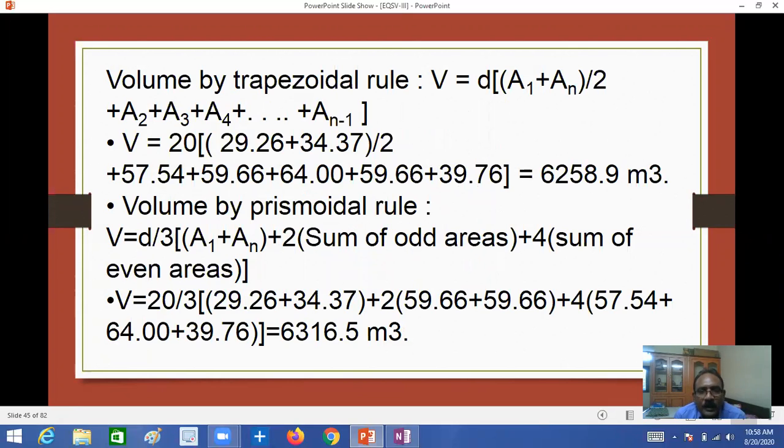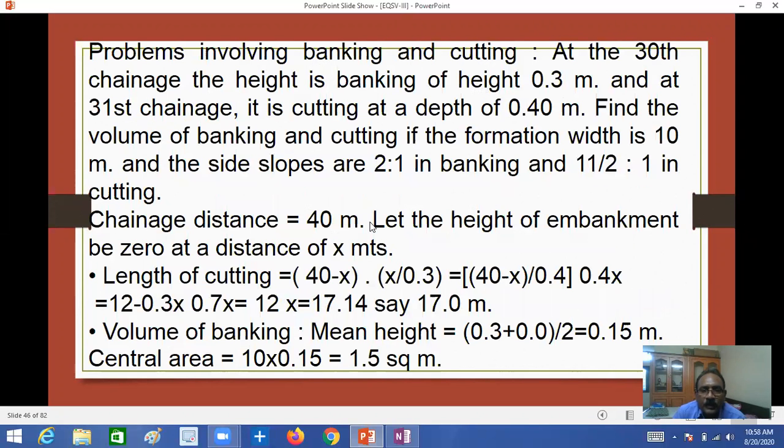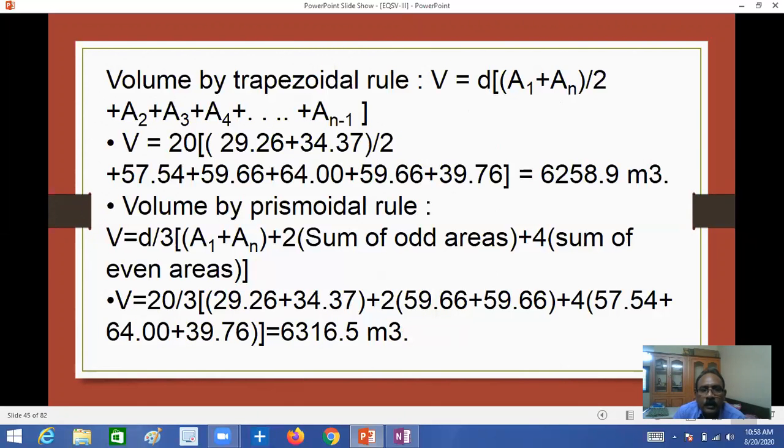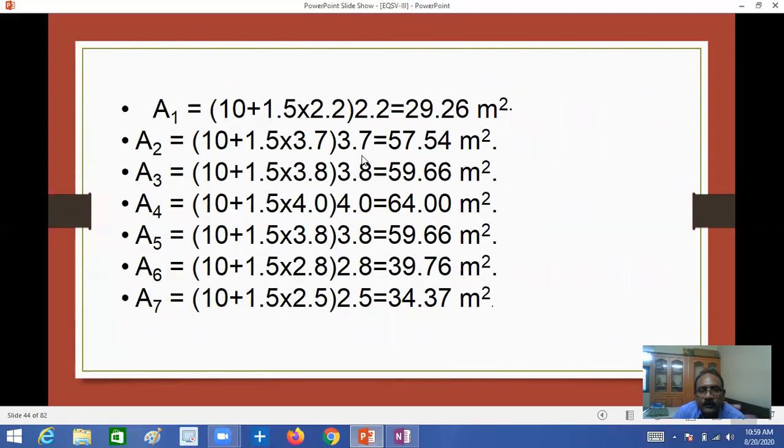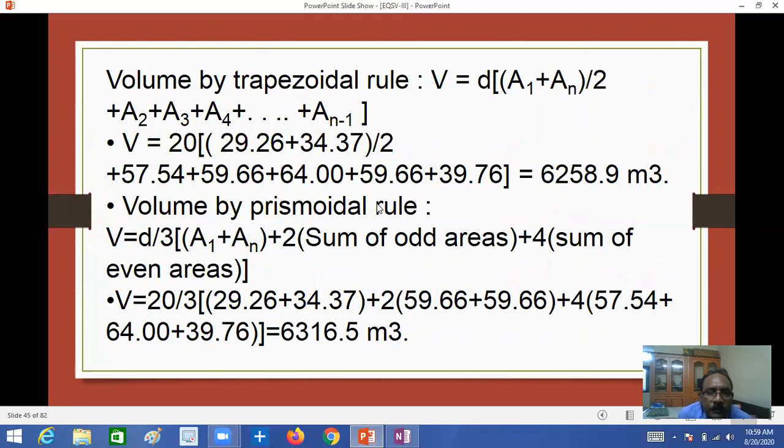Here L is the distance between sections, which is 20 meters. So V is 20 times, first area plus last area divided by 2, that is 29.26 plus the last area, A7.